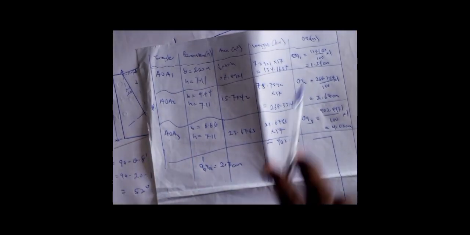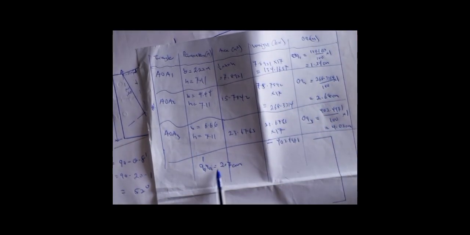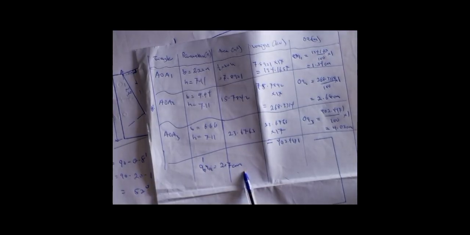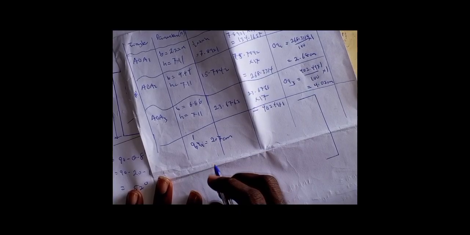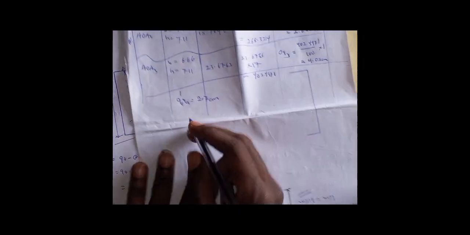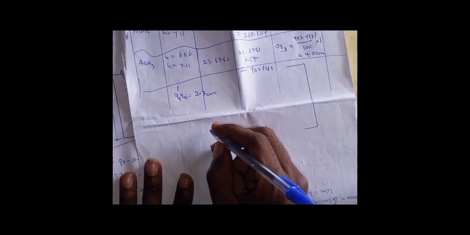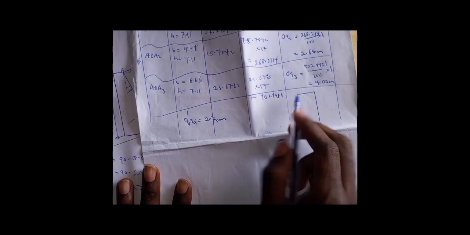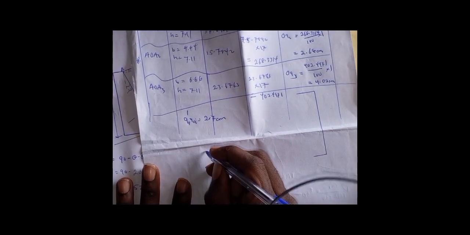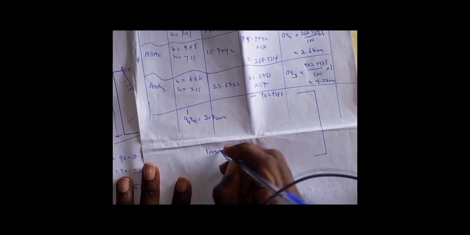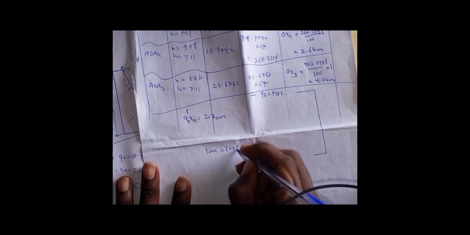Since this is also an OA length, I have to convert it back into kilonewtons, and that will be the active pressure. From the scale I chose, 1 centimeter is equal to 100 kilonewtons.